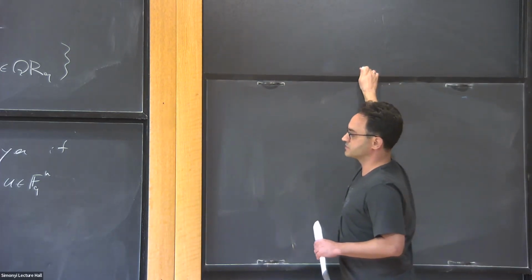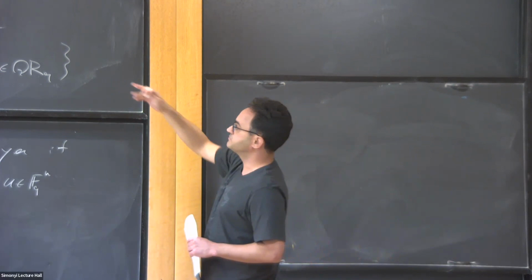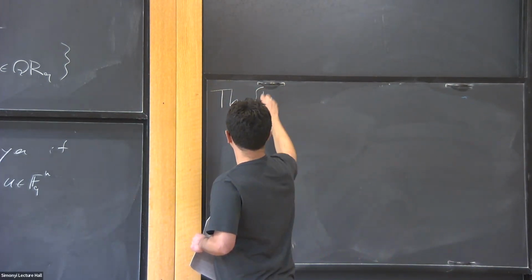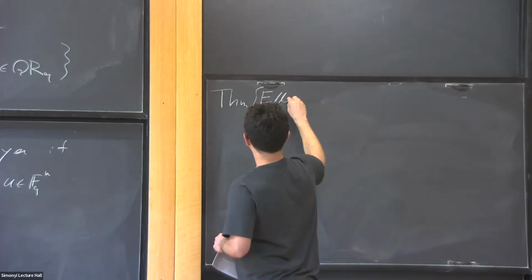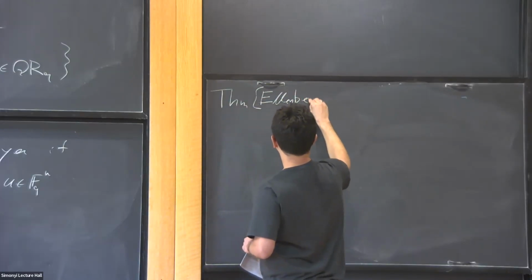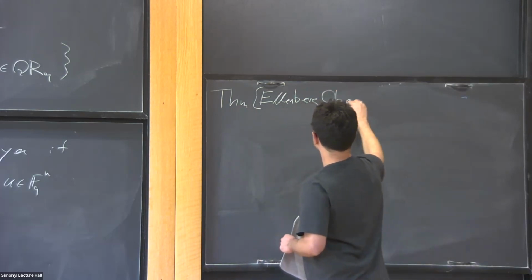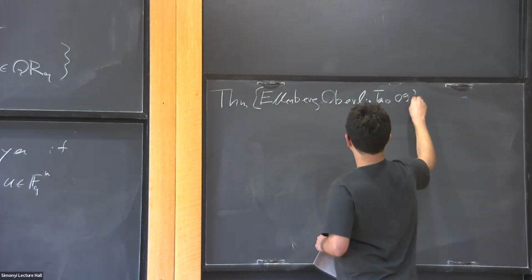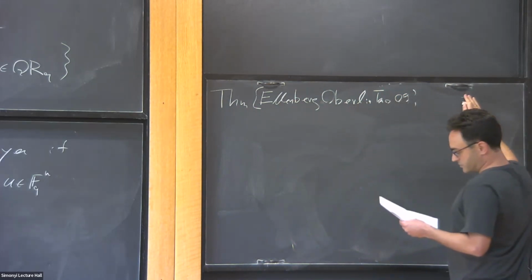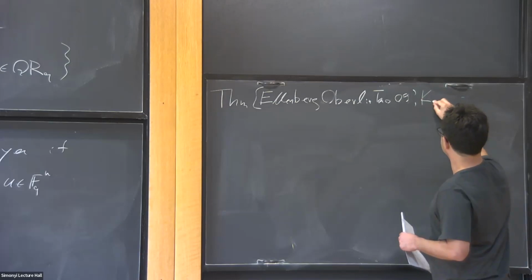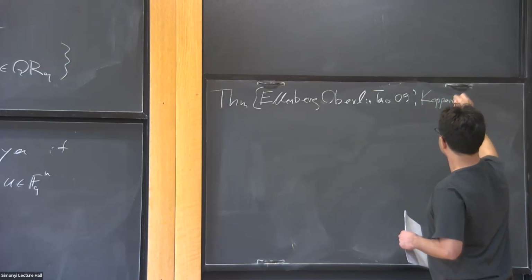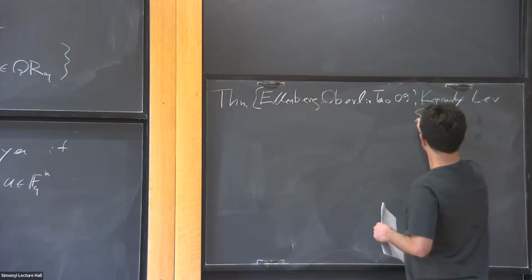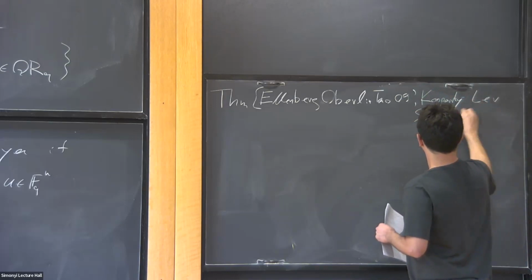And this was observed very early, already in the paper of Ellenberg, Oberlin, and Tao. Then again, the constant was improved by Marty, Lev, Sudan.